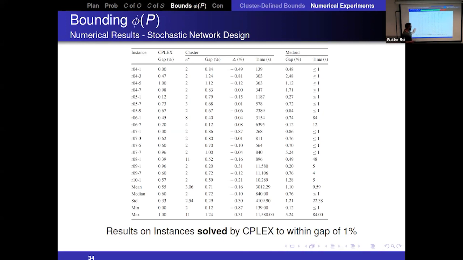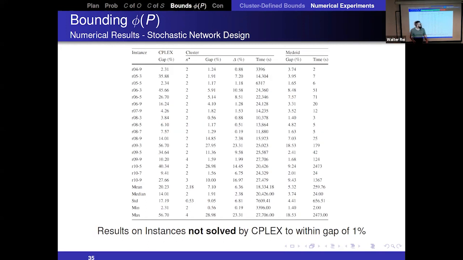The number of clusters varied between 2 and 11, mostly 2, sometimes 3, 4, et cetera. So the Medoid was given the number of clusters, reducing the size of the model, solving, and still getting a very good solution in the end, okay?